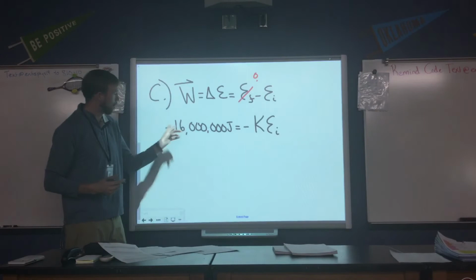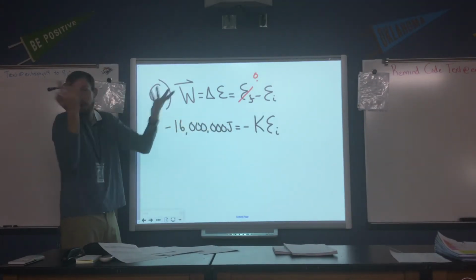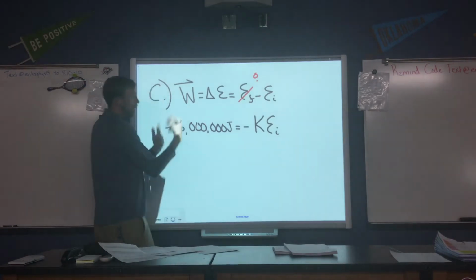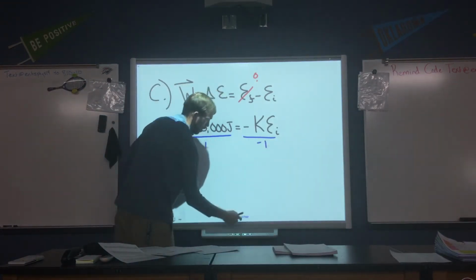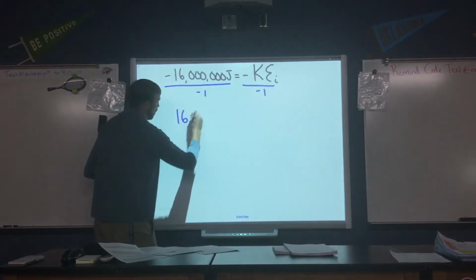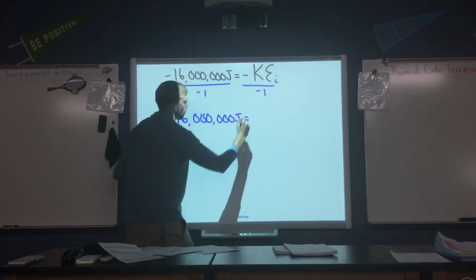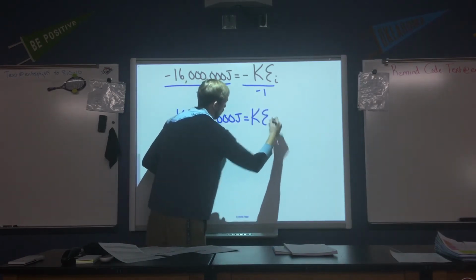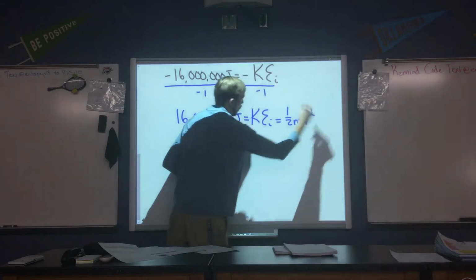Now, mathematically, if there's a negative on both sides of our equation, we could divide by negative 1. So what I'll do here is I'll do that just to show that we're now here. 16 million joules is equal to our initial kinetic energy, which we know is equal to 1/2 mv squared.